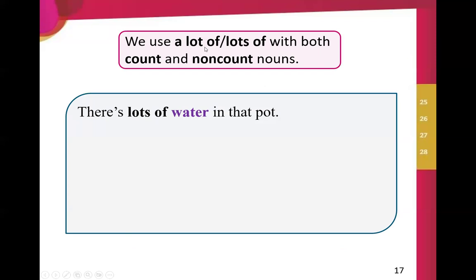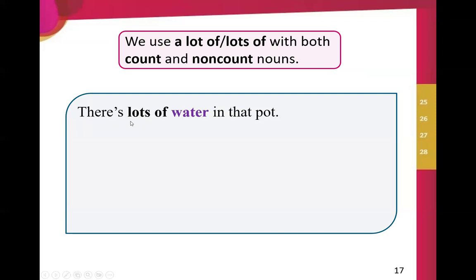We use a lot of and lots of with both count and non-count nouns, okay? So there is no difference between count and non-count nouns with a lot of and lots of. For example, there is lots of water in that pot.